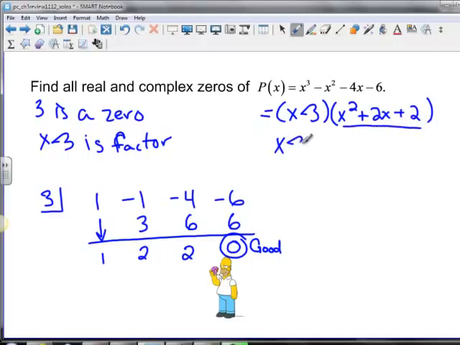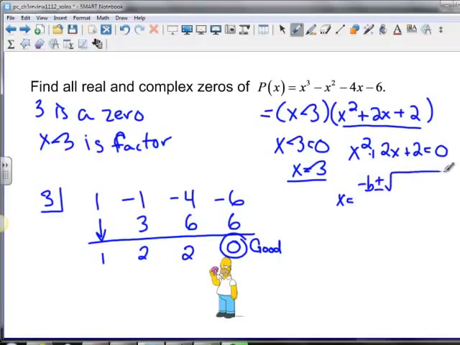And if you can't factor a quadratic, what do we need to do? Quadratic formula. So we're going to say x squared plus 2x plus 2 equals 0. So now quadratic formula. For those of you that don't know, negative b plus or minus the square root of b squared minus 4ac, all over 2a.